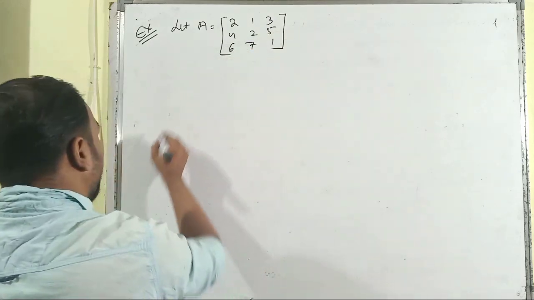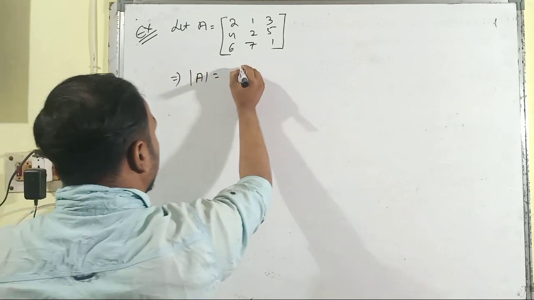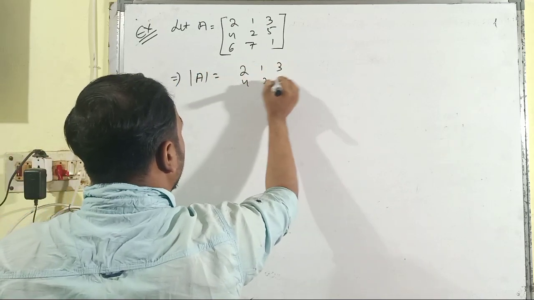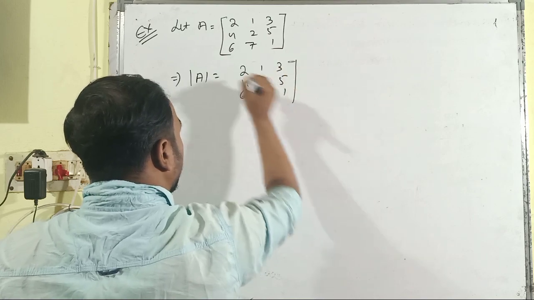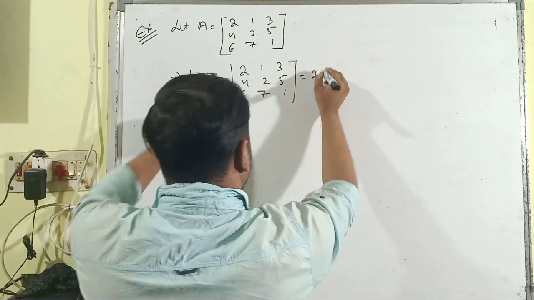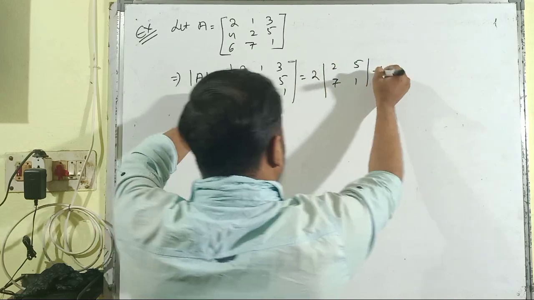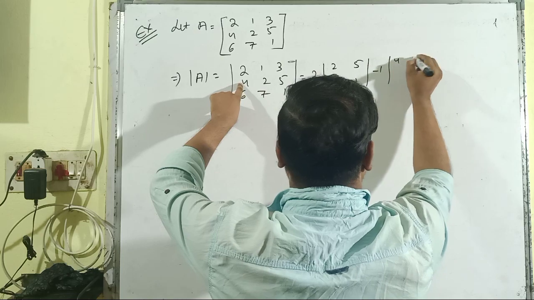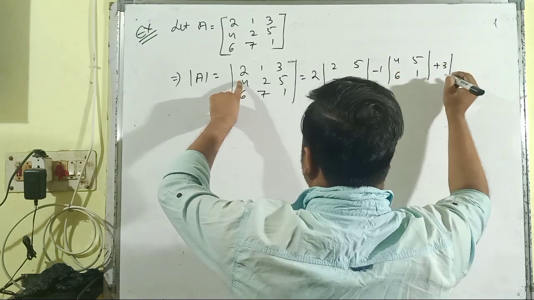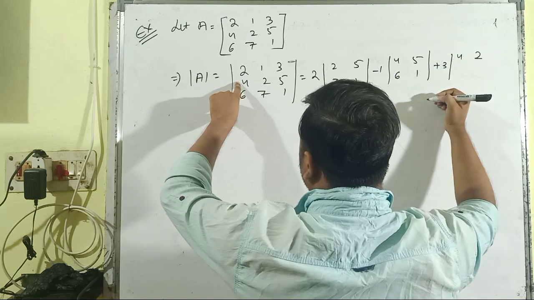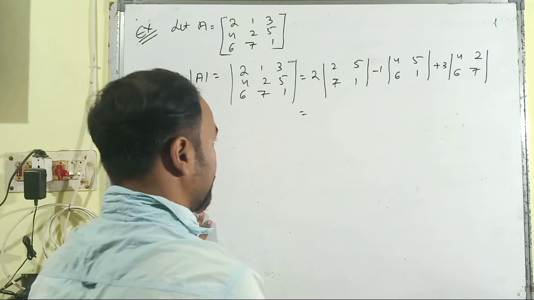Let us first find the value of the determinant of A. Determinant of A is equal to the determinant of 2, 1, 3, 4, 2, 5, 6, 7, 1. So it will be 2 multiplied with the determinant 2, 5, 7, 1, minus 1 multiplied with 4, 5, 6, 1, plus 3 multiplied with 4, 2, 6, 7.